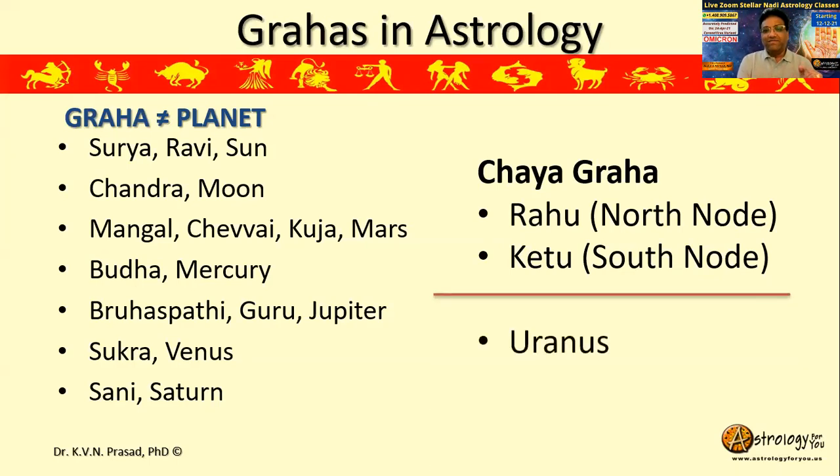Then we have these 3 planets, Uranus, Neptune, and Pluto. In Jyotish Shastra, even though they identified these planets, they did not take them into account. Why? Let me give you an example.